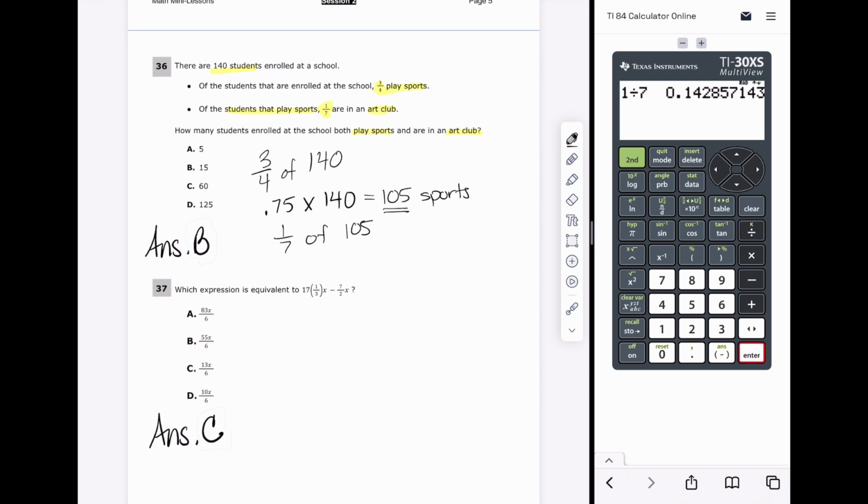But for this one, I'm going to decide, you know what? Fine, I'll keep the fraction. 105 over 1 times 1 over 7, and I get 105 divided by 7, which I can do. 105 divided by 7, and I get 15. So 15 kids play sports and do art, which is B.